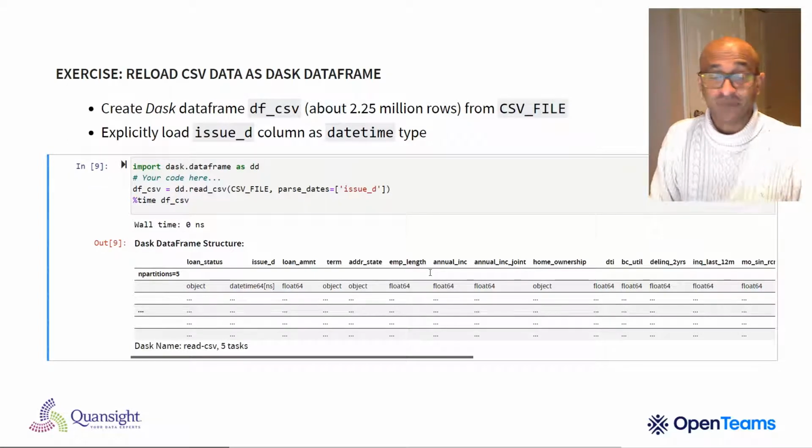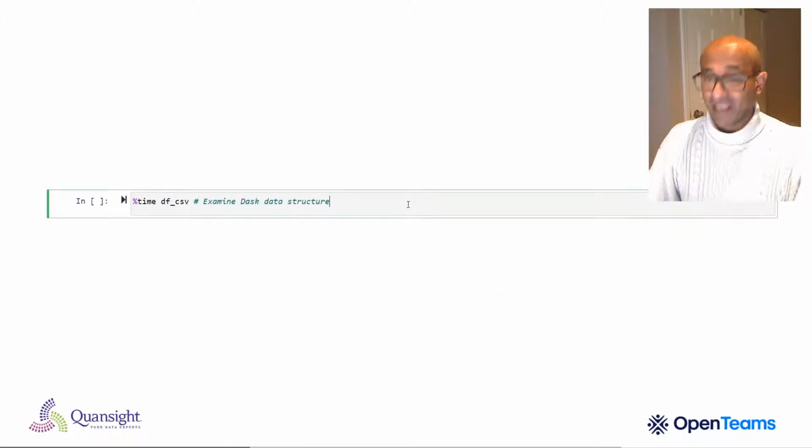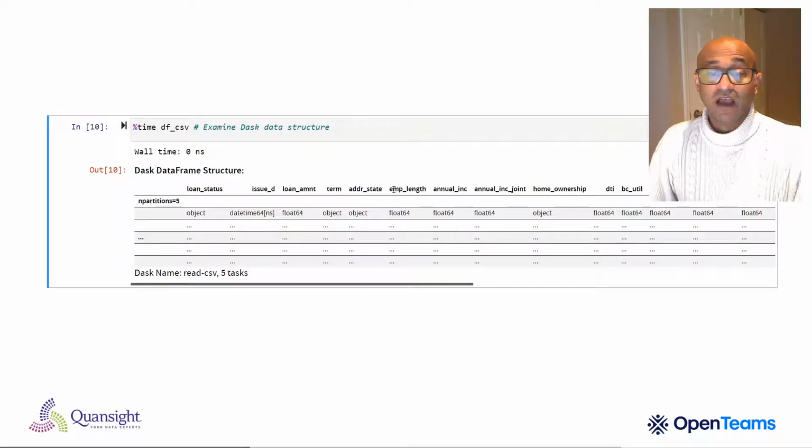My Linux system would probably have a more refined clock cycle that it would return to me. So again, let me just do that again. And we see that we don't actually load this data frame into memory. It returns immediately because it's not actually loaded, and we just get a quick overview of what the structure of that data frame looks like.